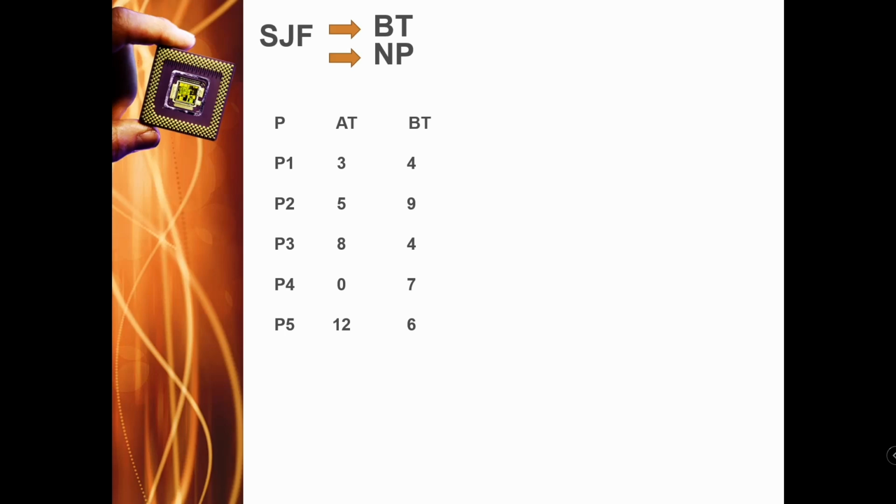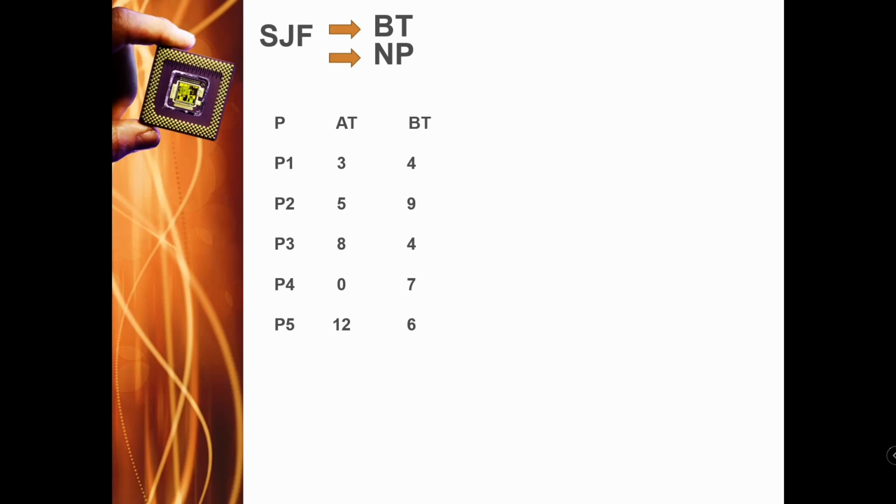So first, gagawa tayo ng Gantt chart para mapakita natin yung pag-process ng bawat process na in-input natin. So tignan natin dito guys, makikita natin na ang pinakamaliit na burst time sa kanila is P1 and P3. Pero tandaan natin na ang burst time lang, gagamitin lang siya pag nagkasabay-sabay yung process sa RAM.